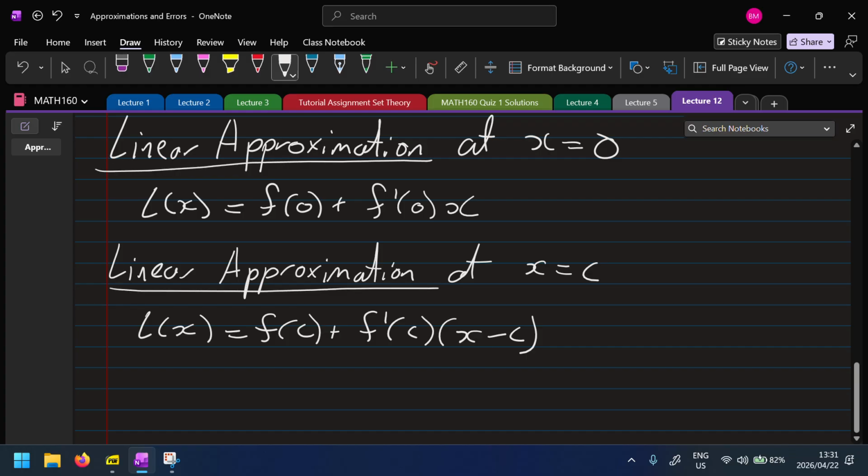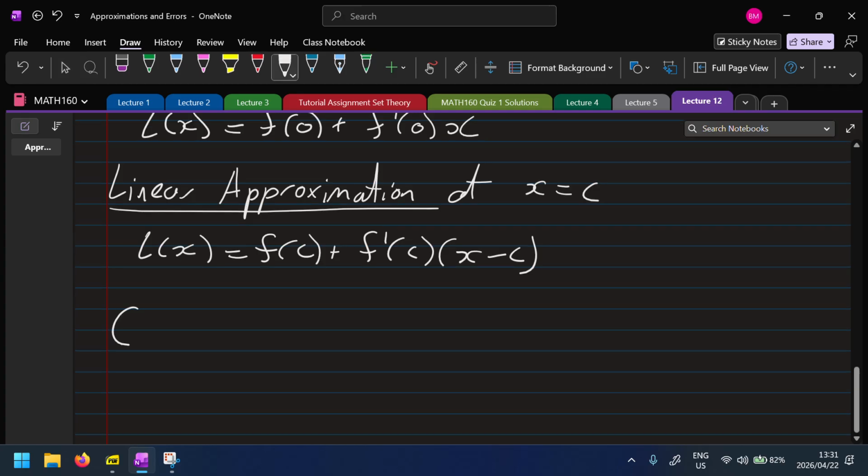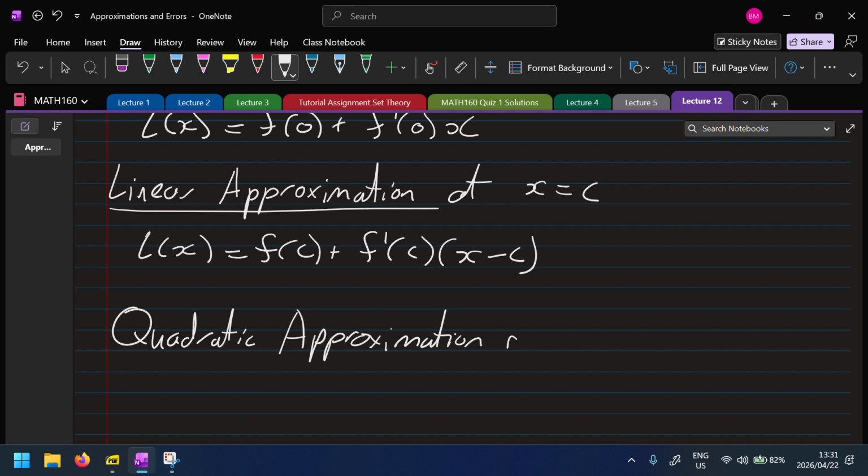Okay, what about the quadratic approximation? Very easy. We just add on the x squared term. Okay, so again, we do it at x equals 0.